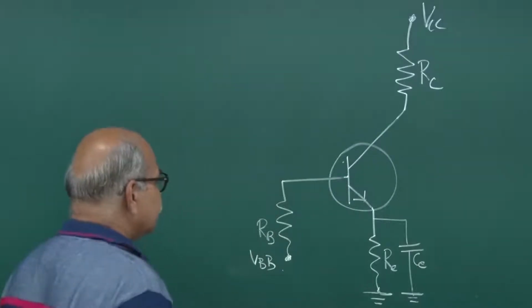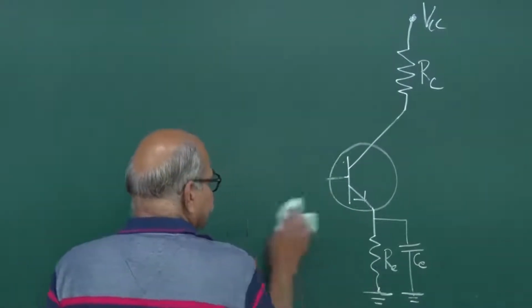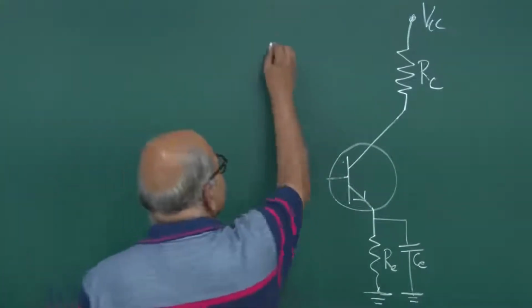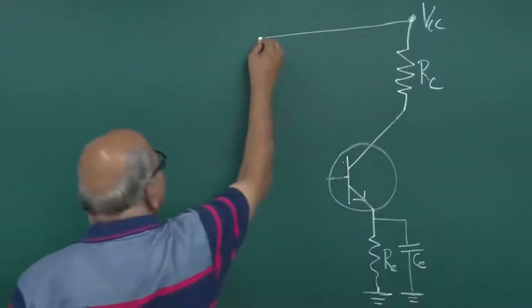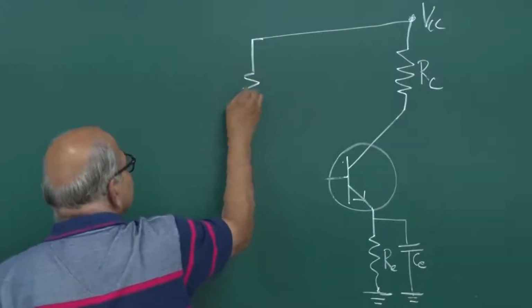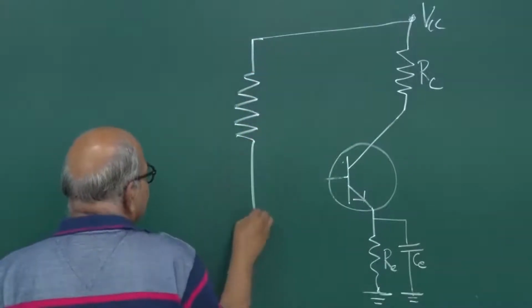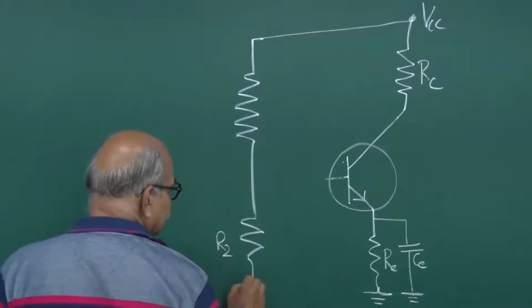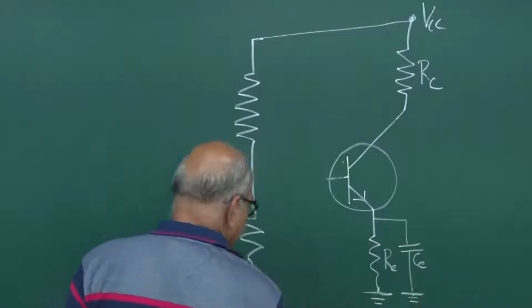So that configuration is, from here you make some kind of a potential divider. You take a resistance R1 and a resistance R2, and this is at ground. So you can connect it, or you can just write this way.